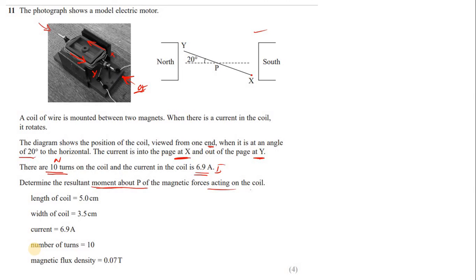First of all, you need to understand why we are talking about the moment here. Basically, when the motor rotates, we have a moment due to a couple of forces.